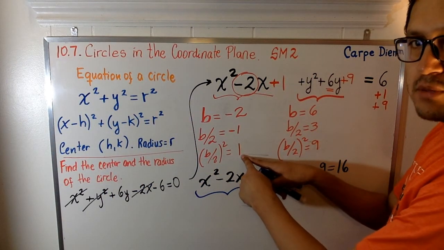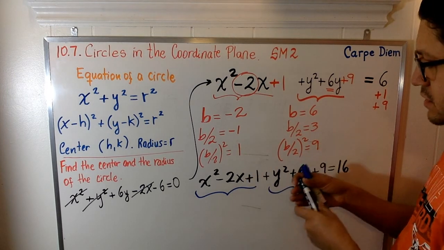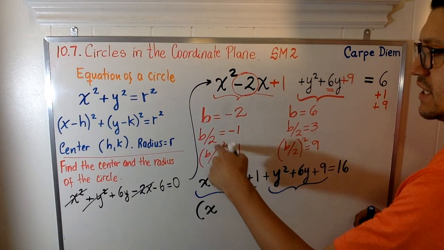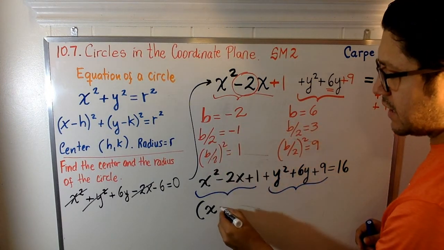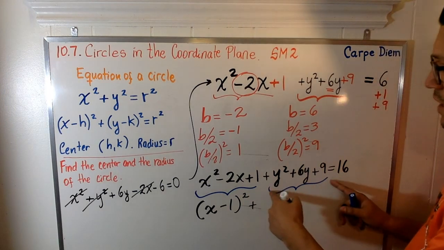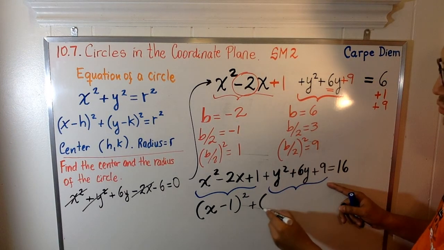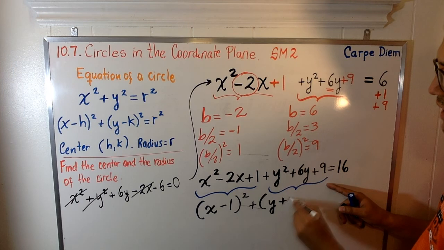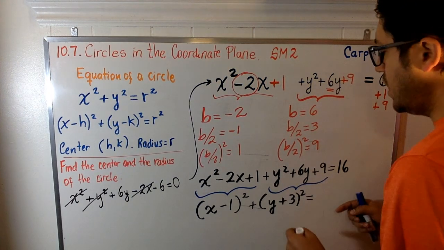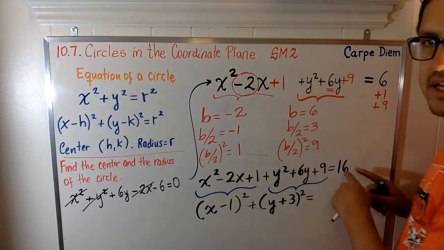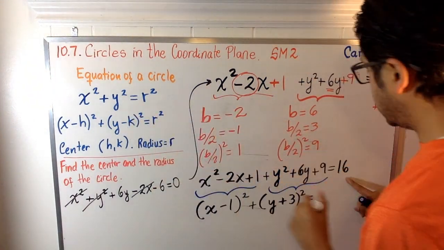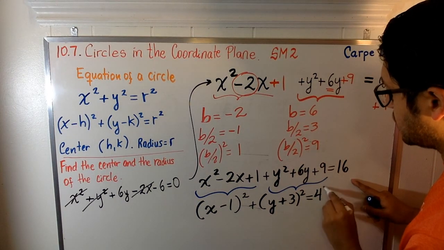I need to keep in mind b here and b here, which means that I now have x, it was a negative, so I have x minus 1 squared, plus, now I take this into account with this 3 over here, I factor, and that's it. This is a 16 that, if I want to keep in mind this expression, 16 is actually 4 squared.